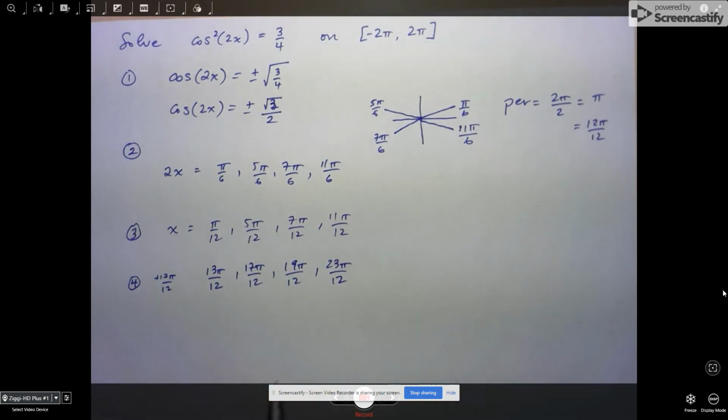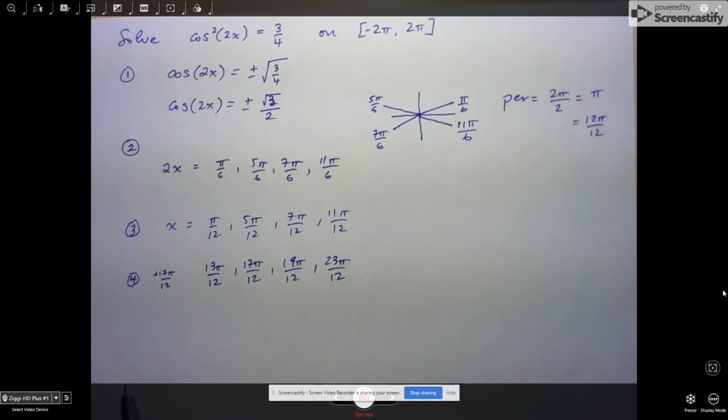If I try to add more, you have to think 2 pi is 24 pi over 12. So if I try to add even to this one here, 13 plus 12 is 25. So I'm going to stop, because otherwise I'll go beyond my range of values.